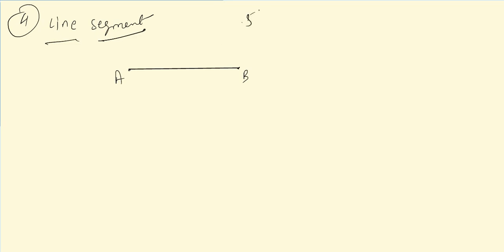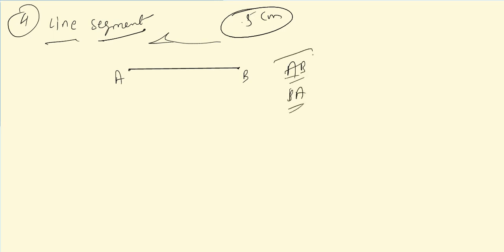Draw a line of 5 centimeter, which is a line segment itself. Clear? Then AB and BA both represent the same line segment. A line segment is a part of a line as well as of a ray.